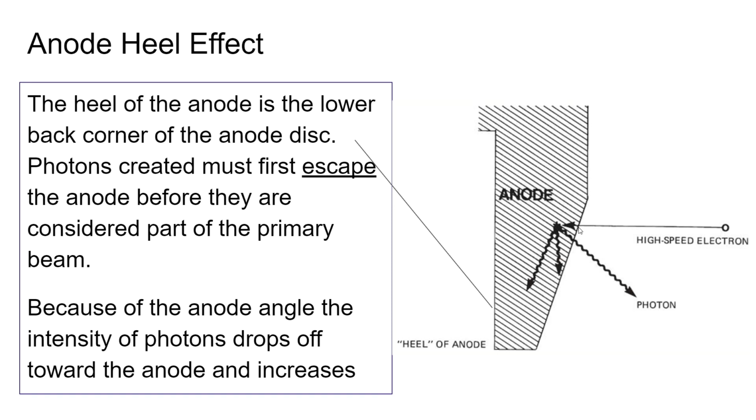Whereas on this side, right, because notice it's not straight, on this side you have a higher chance or a higher proportion of photons that get created and do not get reabsorbed, but actually make it out of the anode. They might get killed by filtration, but at least they made it that far. And the ones that get through the filtration end up actually being part of the primary beam. Right?